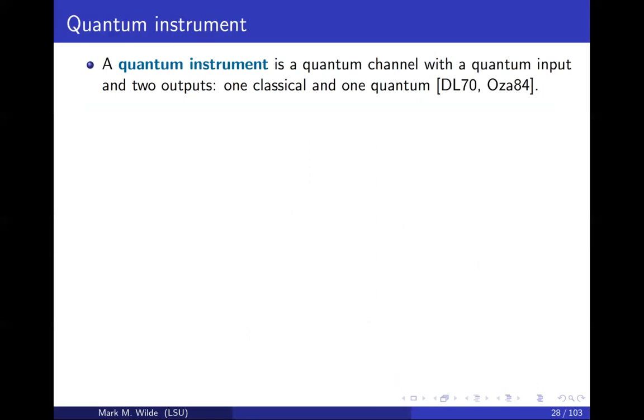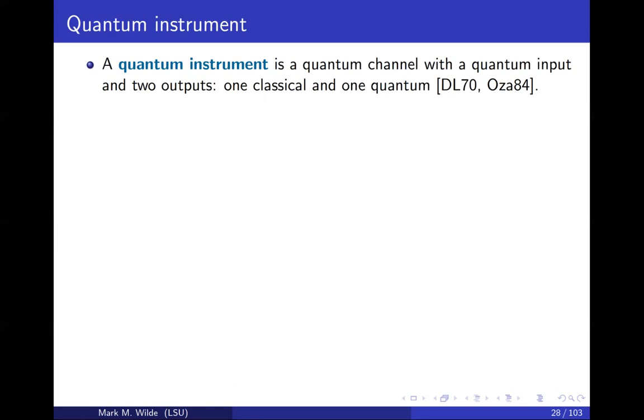So a quantum instrument is a kind of channel that has a single quantum input and two outputs. One of them is classical and one of them is quantum. Okay, so this is useful when you want to describe evolutions where you do a measurement, but there's also a post-measurement state, right? So an example would be in optics. You could send a photon into a beam splitter, right?